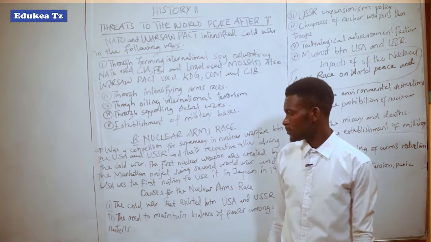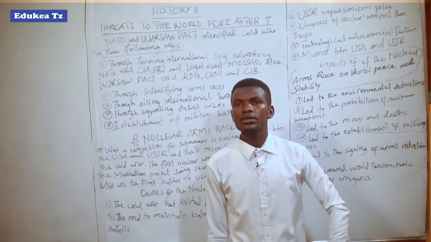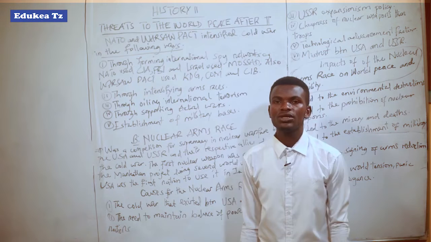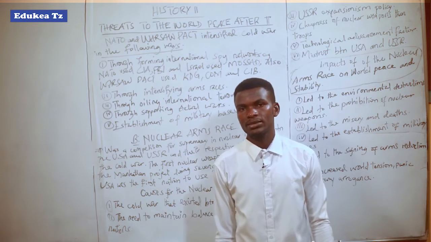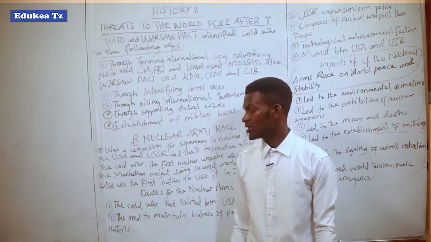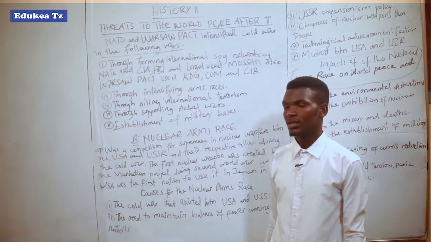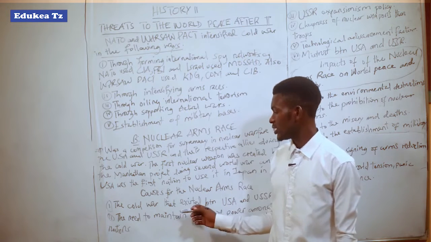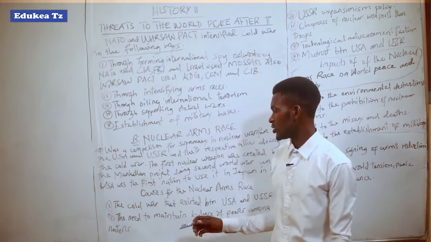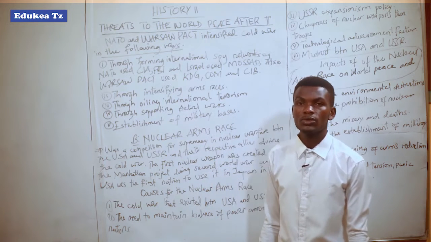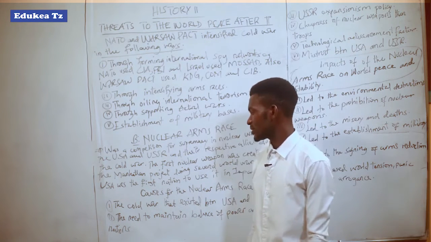For example, the USA developed intermediate range ballistic missiles with the production of dangerous weapons. So you can see that those countries were competing in the production of nuclear weapons, and in response, the USSR produced intercontinental ballistic missiles.